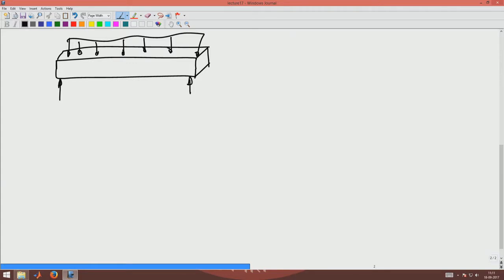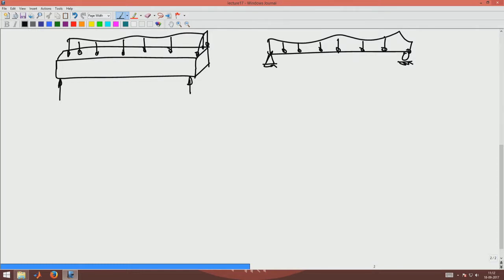The idealization of this beam as a 1-dimensional member would be something like this, wherein this is the arbitrary loading that the beam is subjected to, with a simply supported boundary condition like this. This load is distributed uniformly across the thickness of the cross section.